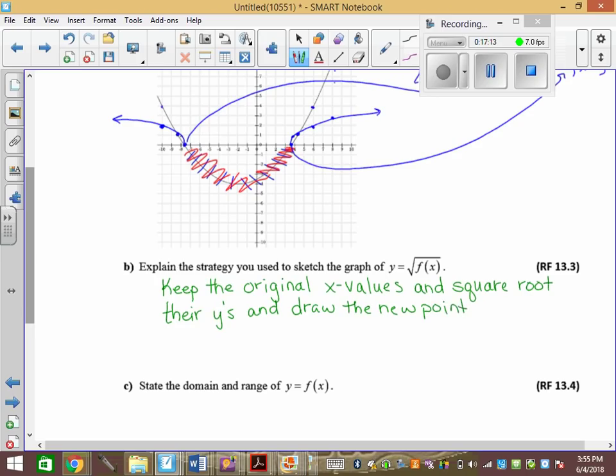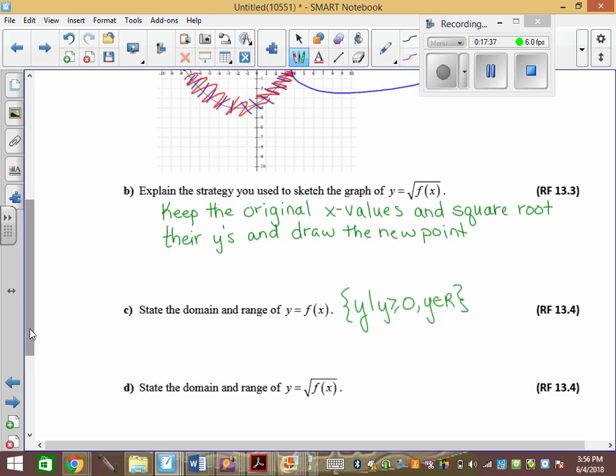The domain I stated above, but I'd have to guess as to what those numbers are. The range in this case is easy. It would be y such that y is greater than or equal to 0. And it's always that if some of your original graph is below the x-axis, your range will always be y is greater than or equal to 0.